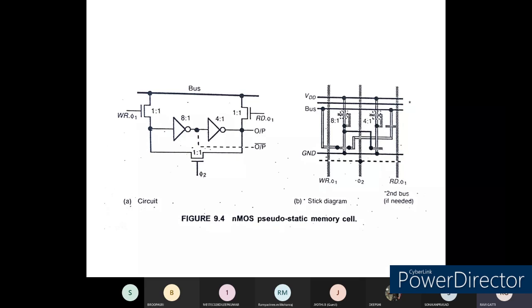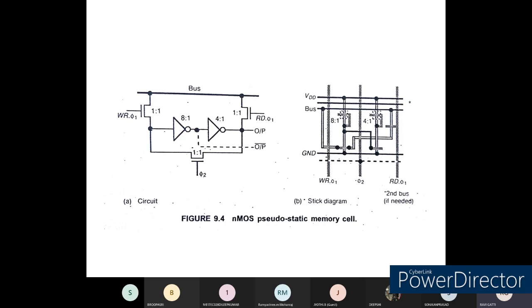You can see here that for that we have a pseudo static memory cell. We have two clocking signals, phi 2 bar and phi 2, indicating two clock phases, and at the output there are two inverter stages, with pull up and pull down transistors having certain ratios.